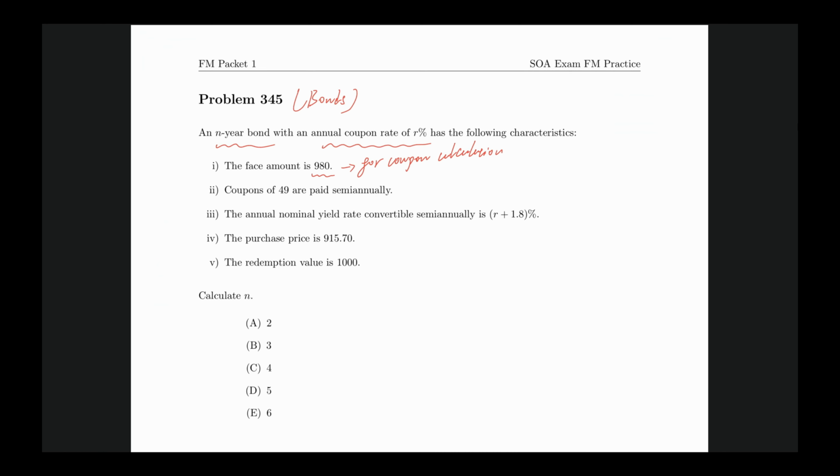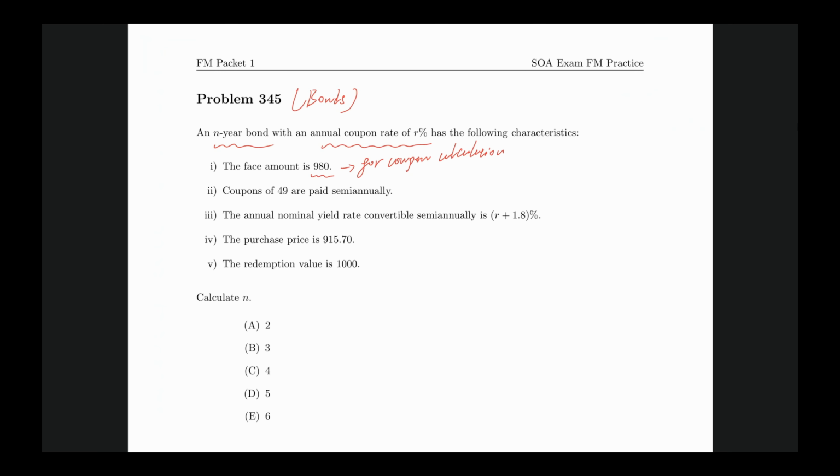The second condition is that the coupons are paid semi-annually, and the amount is 49. This is pretty useful information, because if they pay you 49 every half year, then they will pay you 49 plus 49, which equals 98 in 1 year.